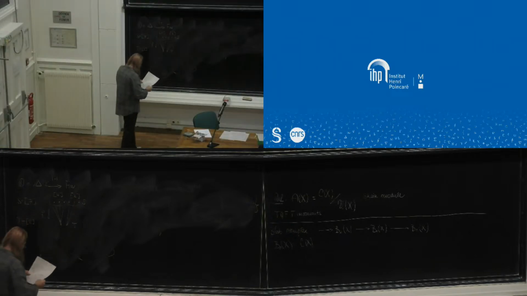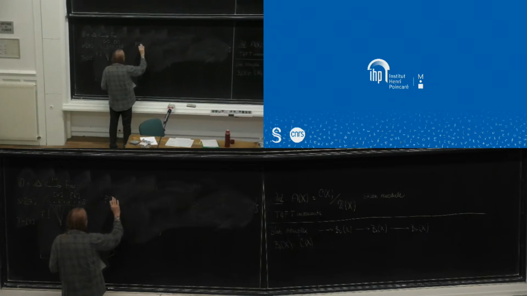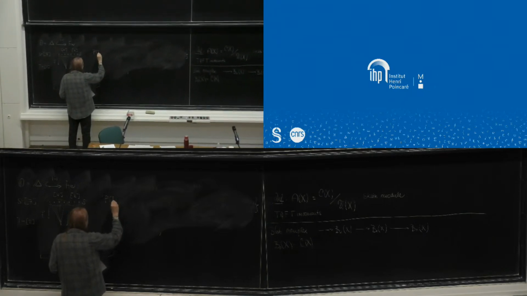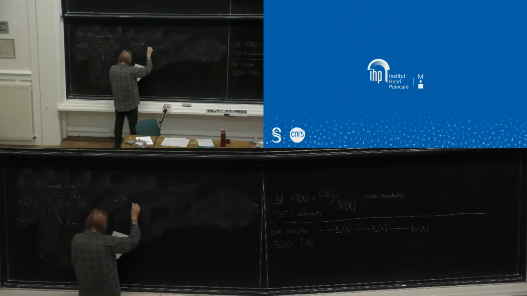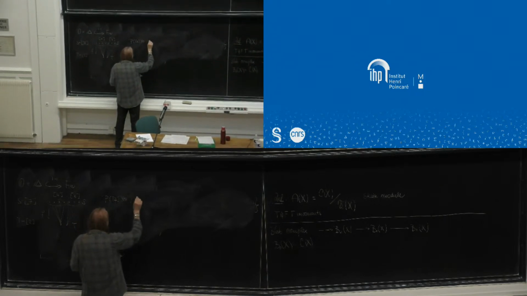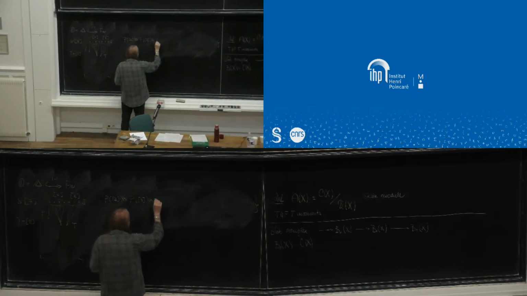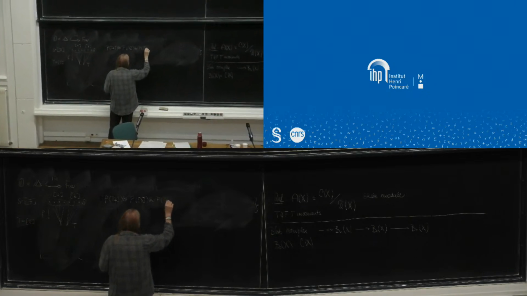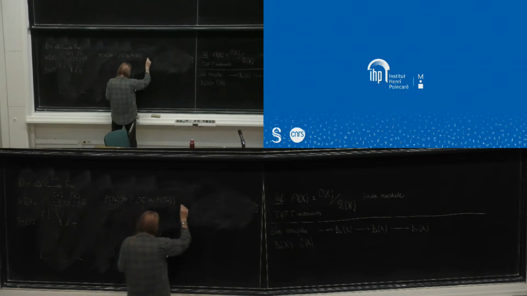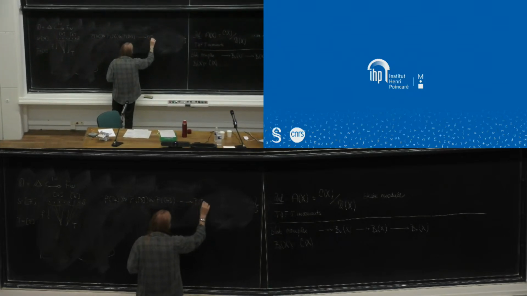And what is this structure operation? It goes from P2, okay, I have to be more precise, P2 times P3 times P4 and goes to P7.